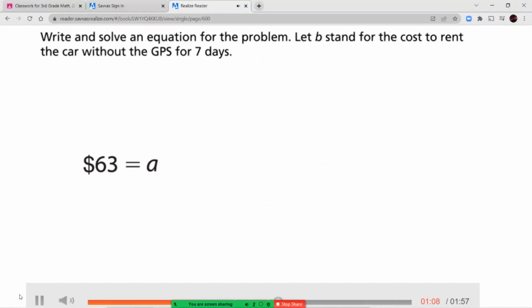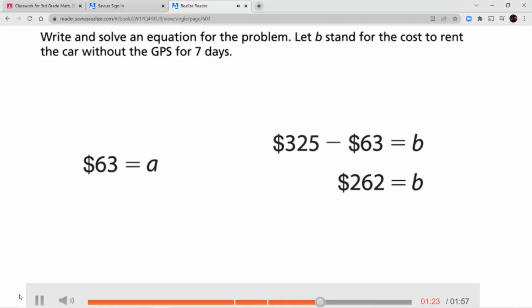Write and solve an equation for the problem. Let B stand for the cost to rent the car without the GPS for 7 days. $325 minus $63 equals B, which equals $262.